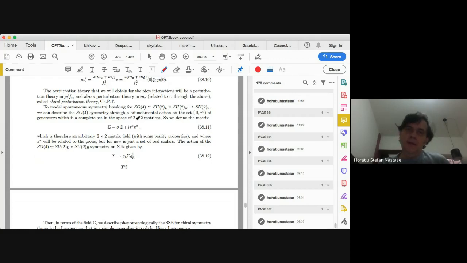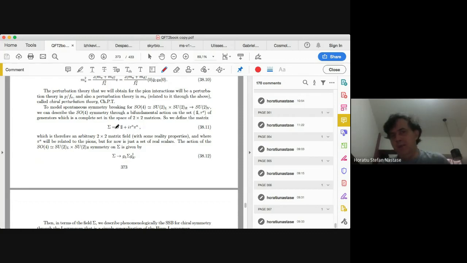So then let's define the field on which we act by this SO4 in bifundamental way. Let's define this field as a complete 2x2 matrix parameterized as follows: sigma times the identity plus i tau A times the field pi A. And the notation is not incidental, but rather pi A will be related to the pion.